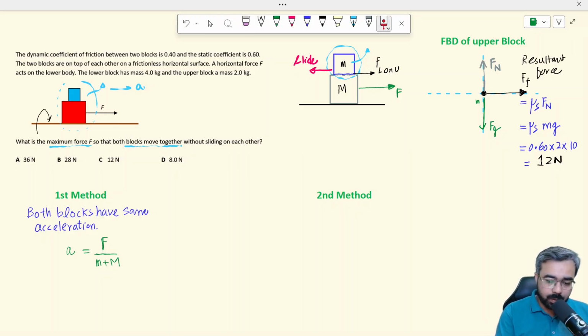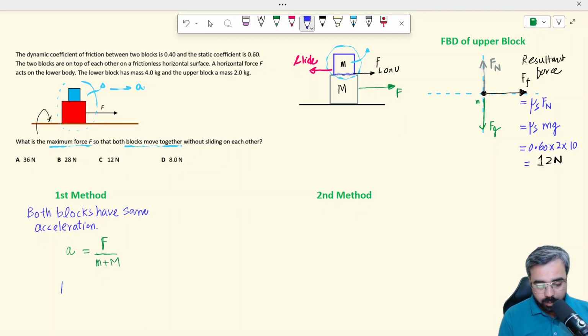I'll quickly explain: the downward force and upward force are a pair of each other. The frictional force applied by the lower block on the upper block, which I have already drawn here, has its pair force, the same force applied by the upper block on the lower block in this direction. But that is also balancing each other. So at the end, there is only one force left. That's why I have written this one.